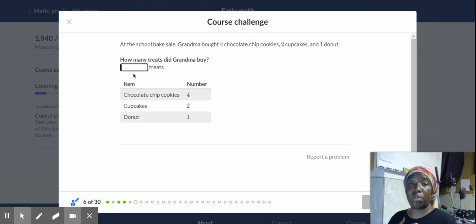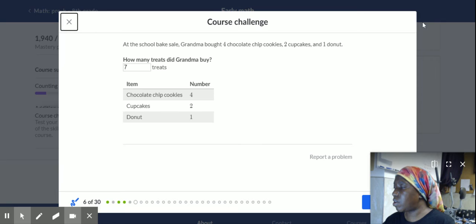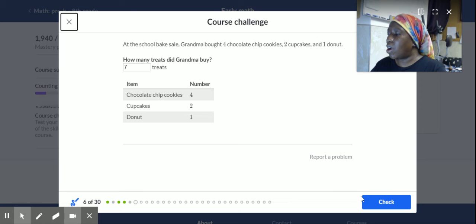Let's say we do the wrong answer or we do the right answer. Okay? So if this is wrong, it's not good. See that the thing right here, the check is right there. Okay, there you go. Okay, so we put 7.